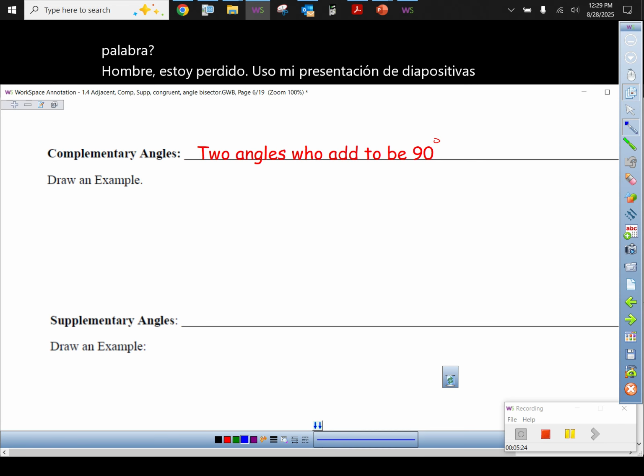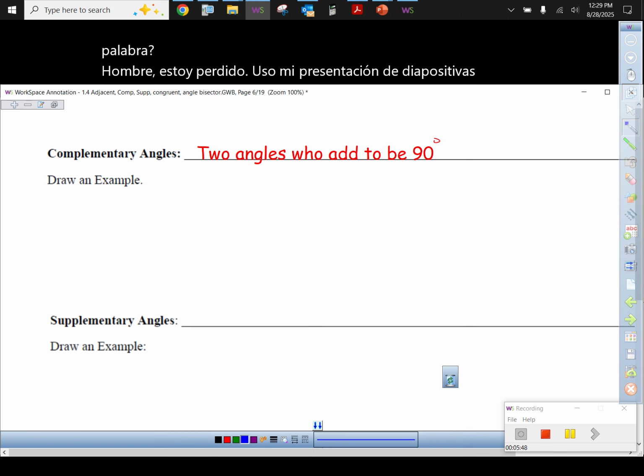Complementary angles. Is that the next word? Or did I skip one? Complementary. I bet you've heard that word before also. Complementary means two angles that add up to be 90 degrees. Two angles that add up to be 90 degrees are complementary angles.